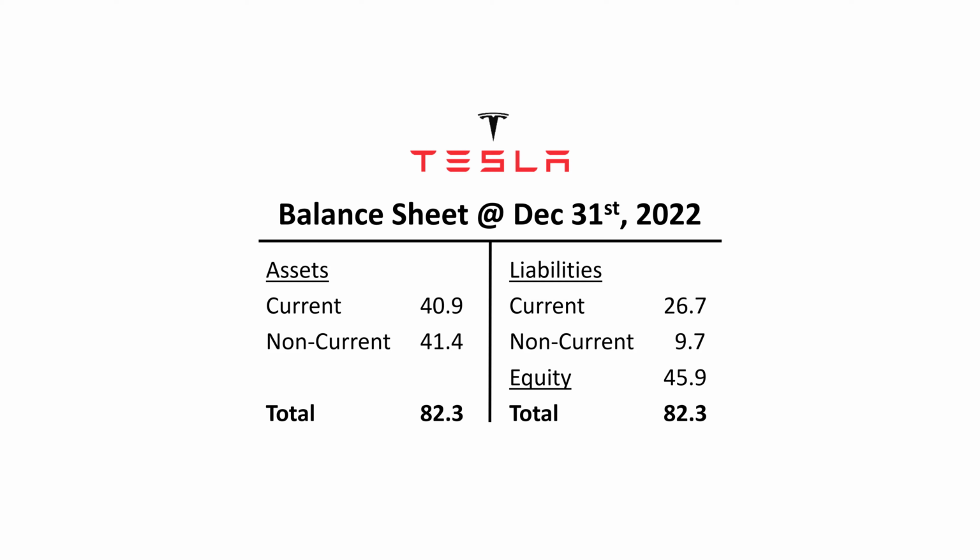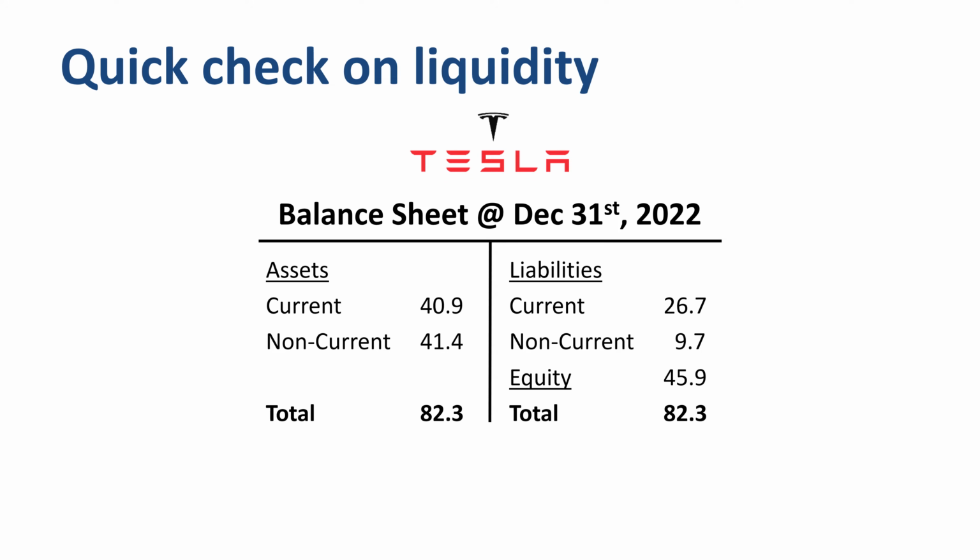With the high-level balance sheet information in this example, we can perform a quick check on liquidity. Liquidity refers to both a company's ability to pay short-term bills and debts, as well as a company's capability to sell assets quickly to raise cash. To assess that, let's compare current assets to current liabilities.